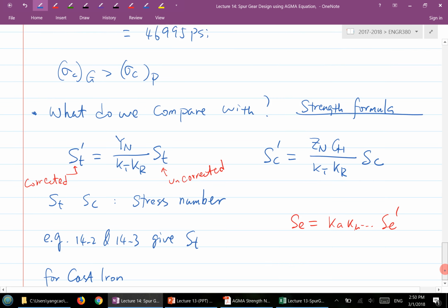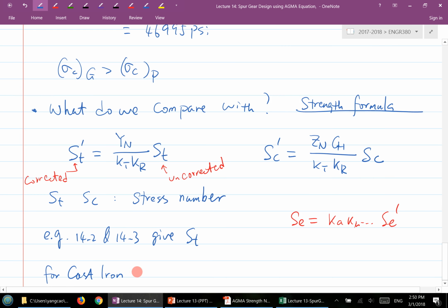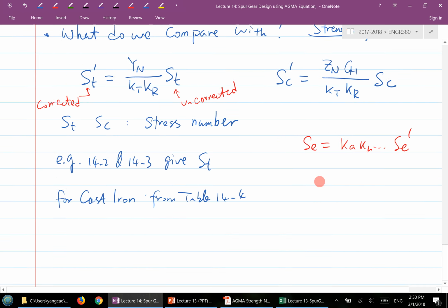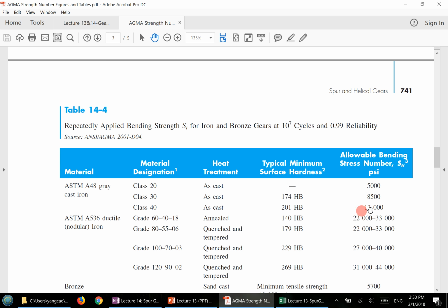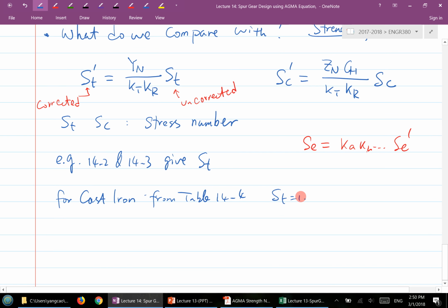From table 14-4, you get the ST value right here, which is 13,000 psi.